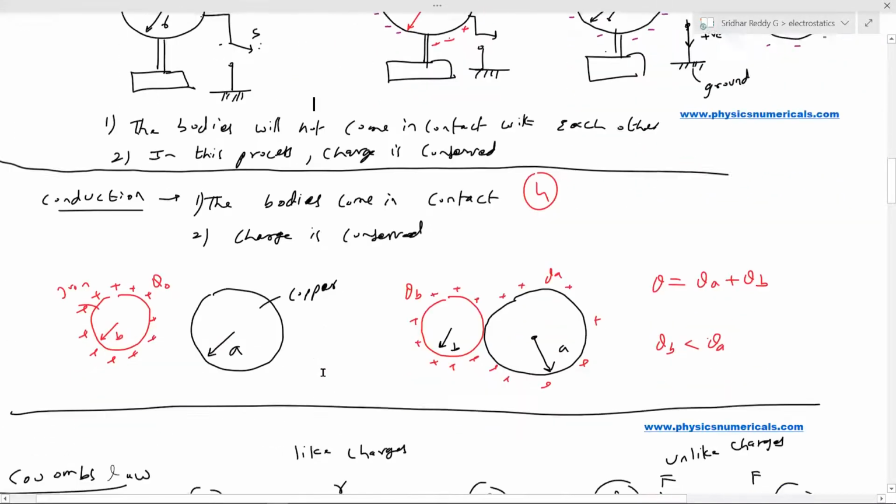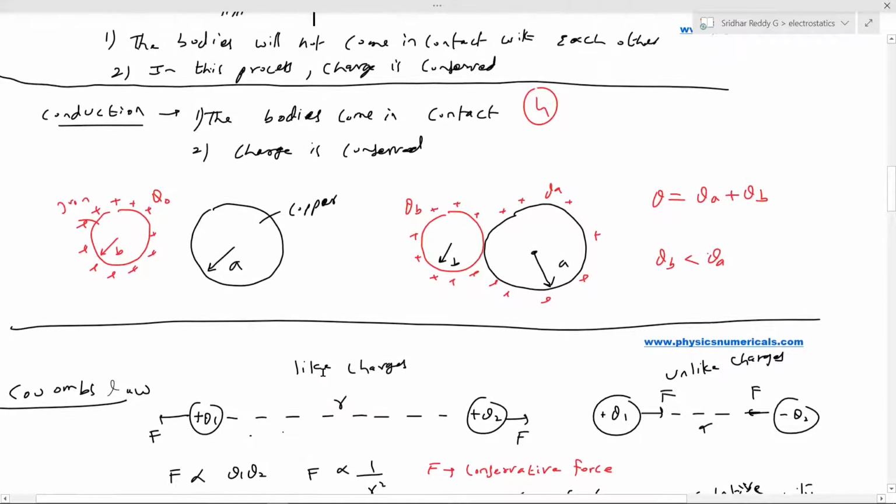Now, the third process we have is electrostatic conduction. What happens in conduction is that the two bodies are made to come in contact. Here also, the conduction process will obey conservation of charge. So we have here a neutral copper sphere.